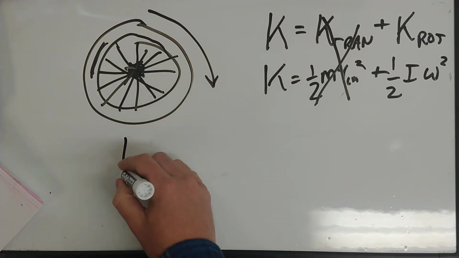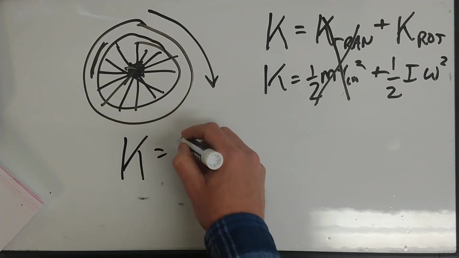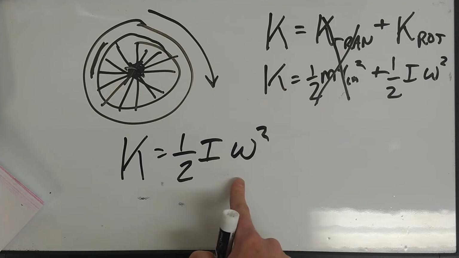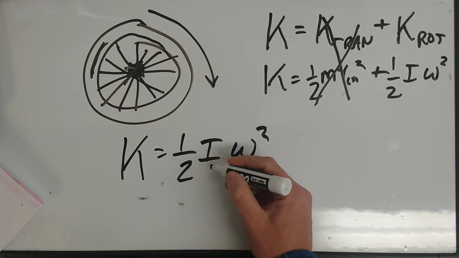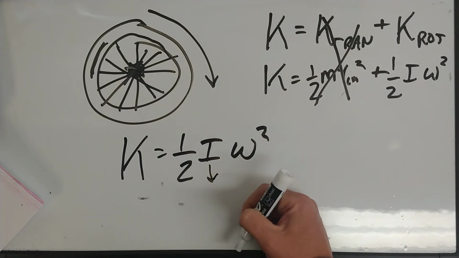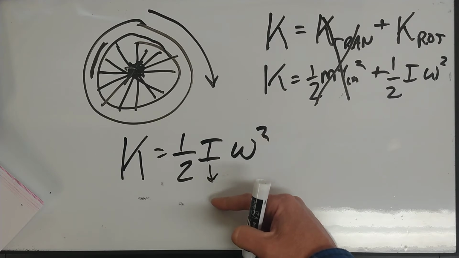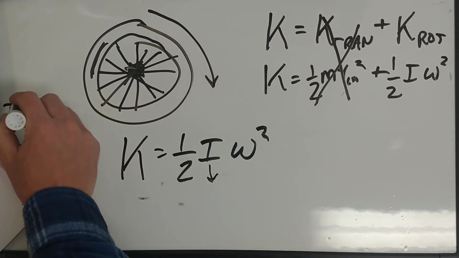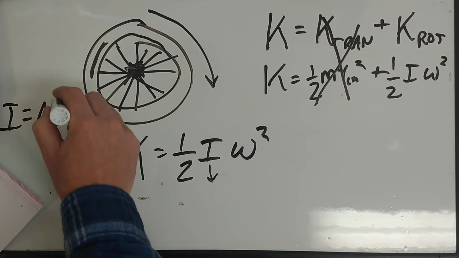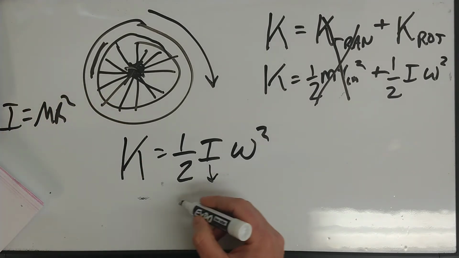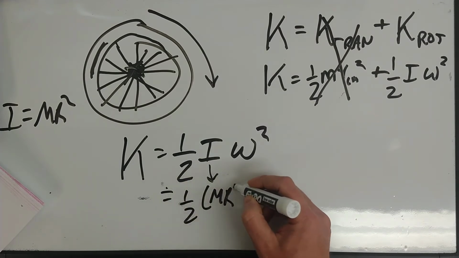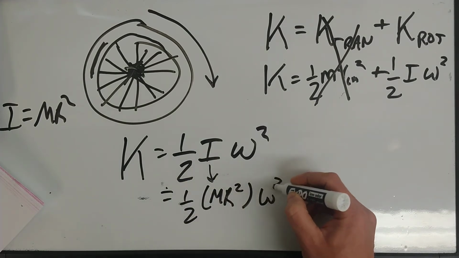So the kinetic energy of the tire is 1/2 I omega squared. Write the whole thing out. One thing that happens a lot is when you plug in I, kids accidentally forget to put the coefficient on it. So in this case, the moment of inertia of a hollow hoop is mr squared, right? So we plug that in here: equals 1/2 mr squared times omega squared.